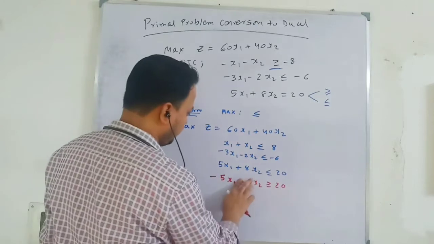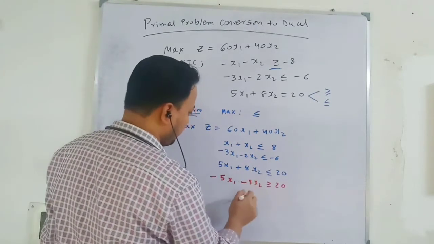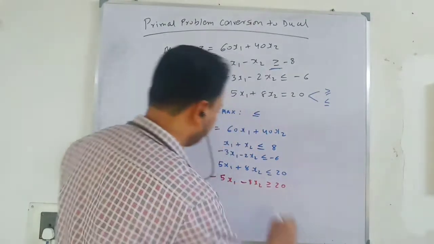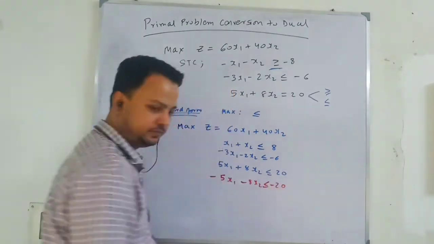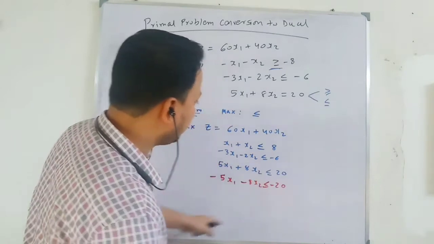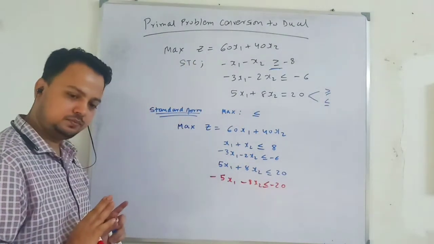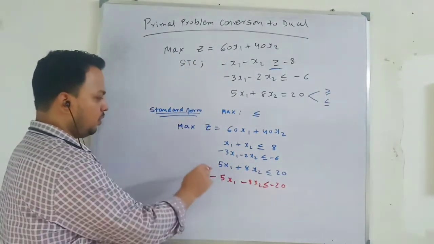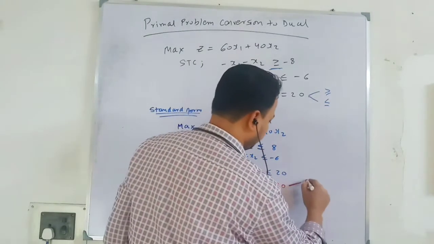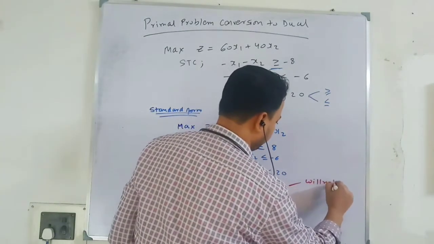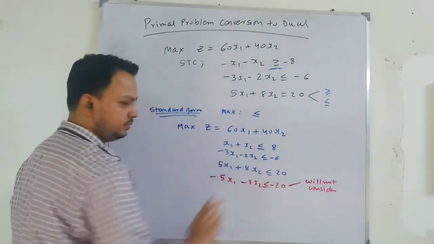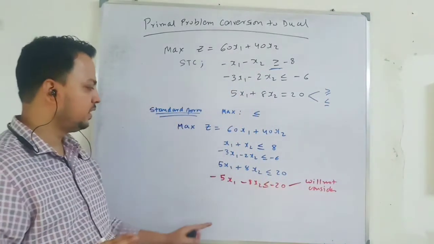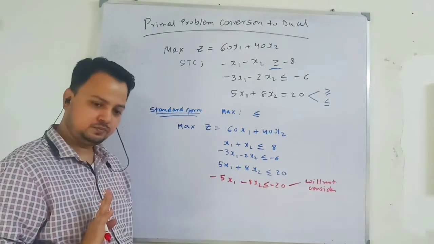Then it will be minus 5x1 minus 8x2 less than equal to -20. Okay, so I have converted this into standard form. Okay, so this equation I will not consider. So this constant I have already taken. Okay, only for conversion purpose I have written this one.